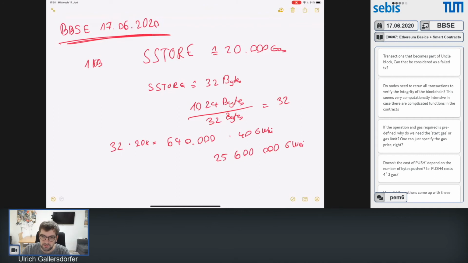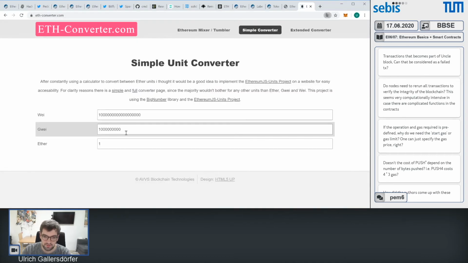So let's take this number and go into a very nice application that you don't have to use, but I'm using it for exactly that reason. So we have here our unit converter, and now we can put in these 25,600,000.